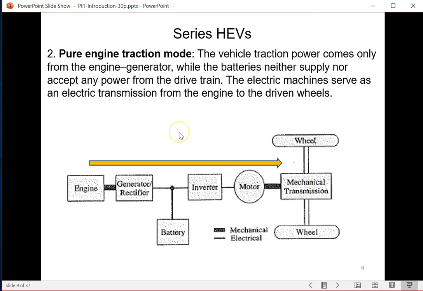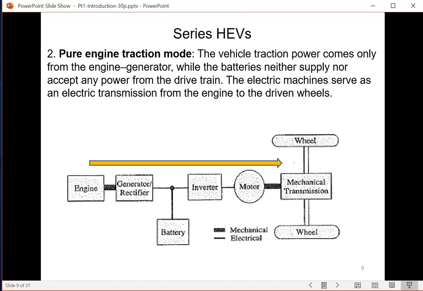Now, what I've not shown here is all the control systems involved, because to produce the voltage at the output of the rectifier, and also from the voltage through the inverter to produce the voltage that the motor wants, there are a lot of complex control systems involved.